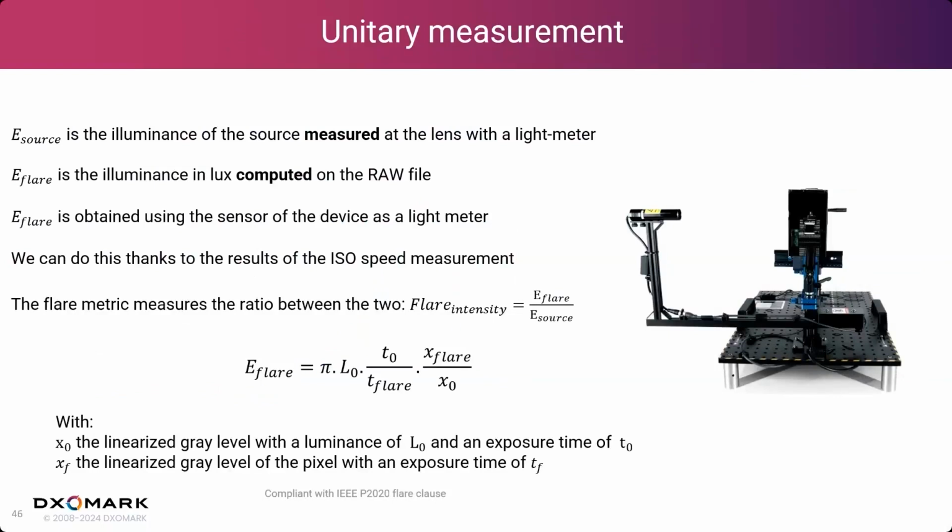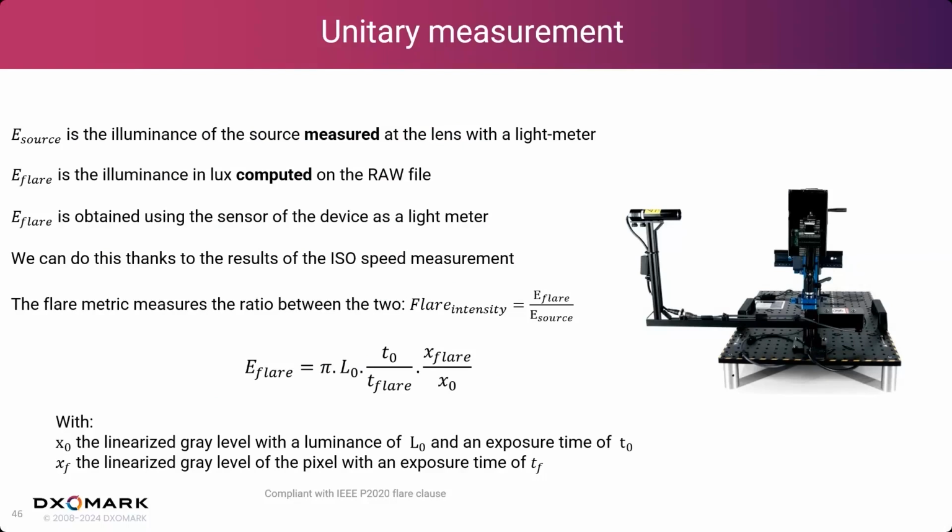Now the measurement itself. We designed this hardware with the software in mind. And we pushed these formulas to the IEEE P2020 flare draft, and it will also be part of the ISO 19844 point light source part. So how do we measure the flare?